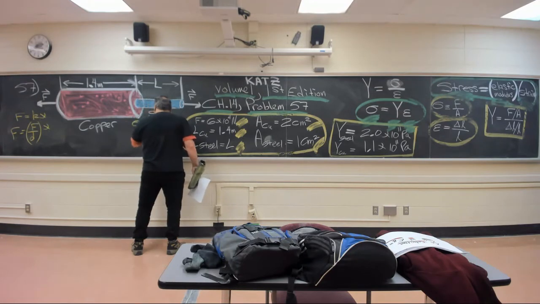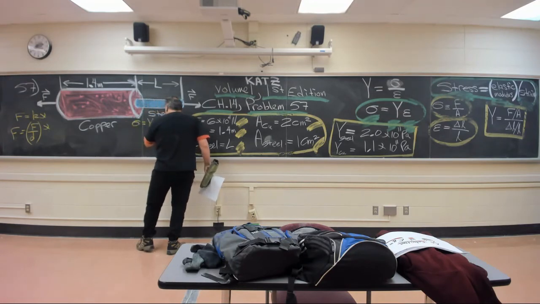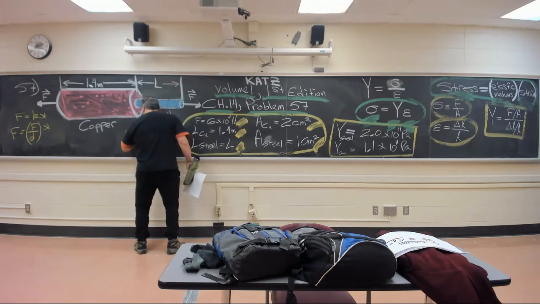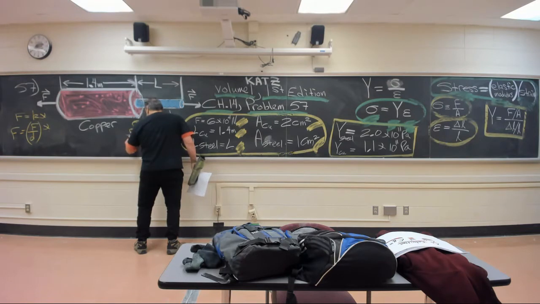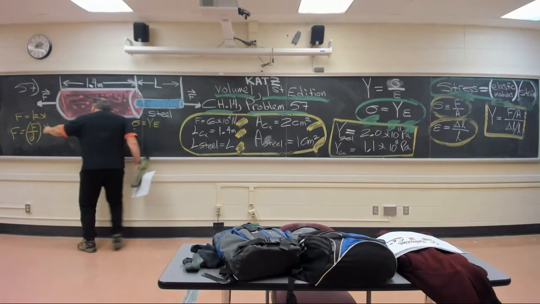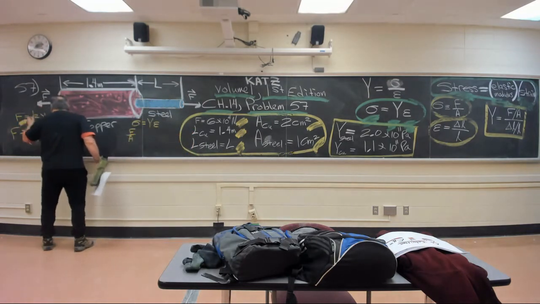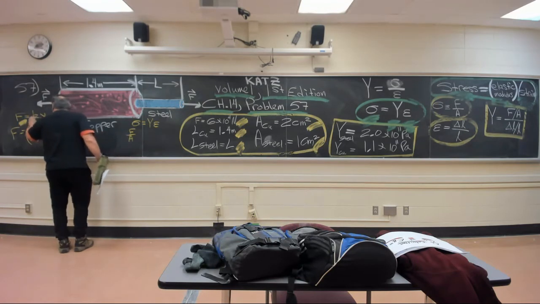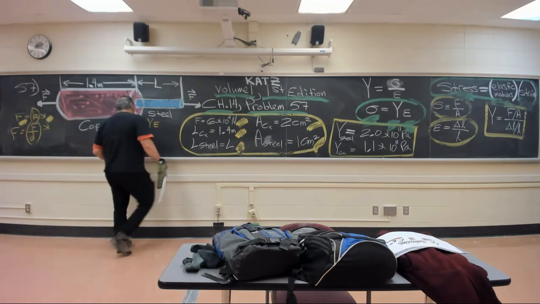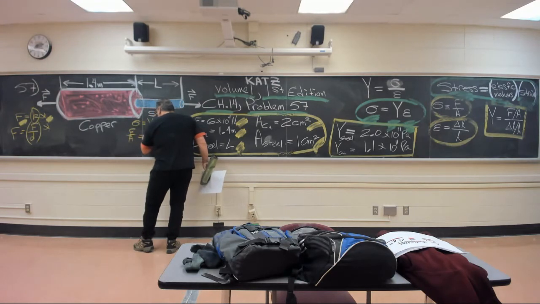stress equals Young's modulus times the strain, this is F over A. It looks a lot like this. Here's an F. The other one's an F over A. And here's this, and there's a constant right here. Here's a constant again.